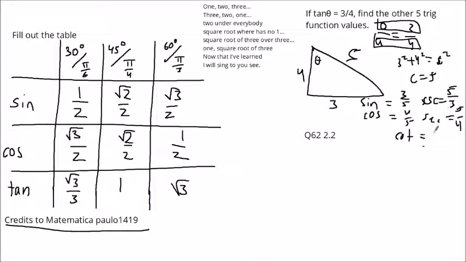Right now we're gonna try to go to the 2.2, question 62. So we have this height question where Kirsten places our surveyor's telescope on the top of a tripod 5 meters above the ground.